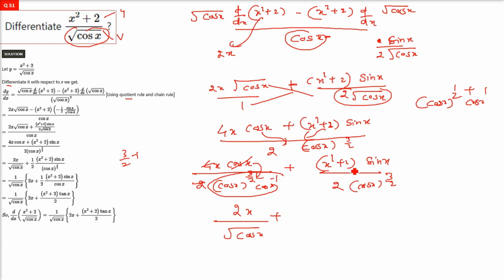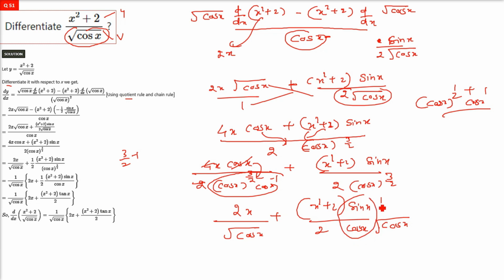So here we are getting nothing like that. But what we can do with the second term is again write cos x to the power 3 by 2 as under root cos x times cos x.